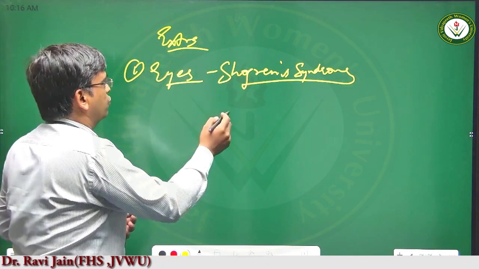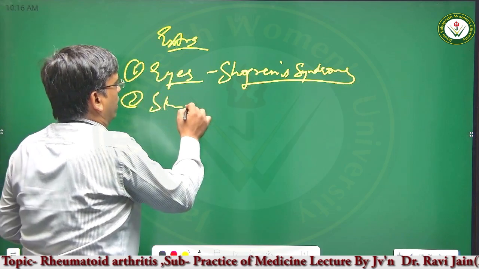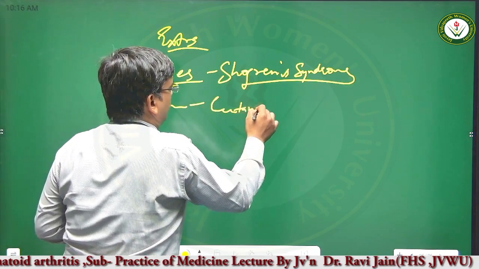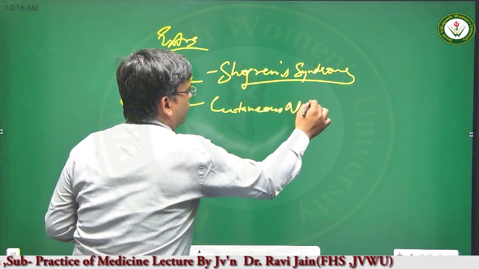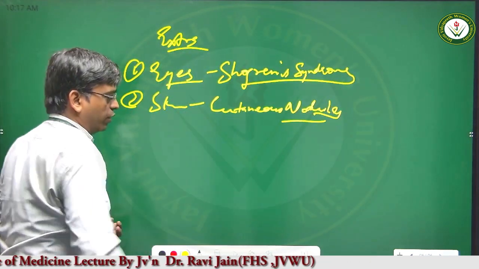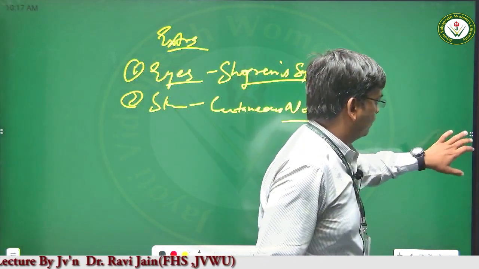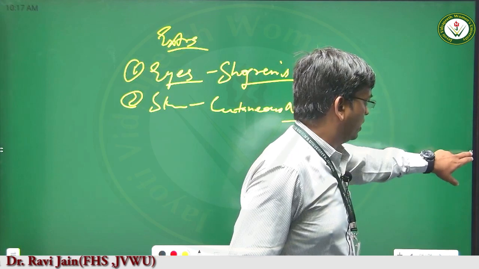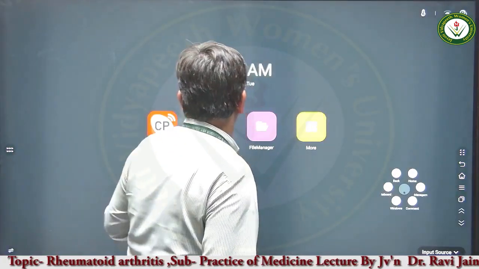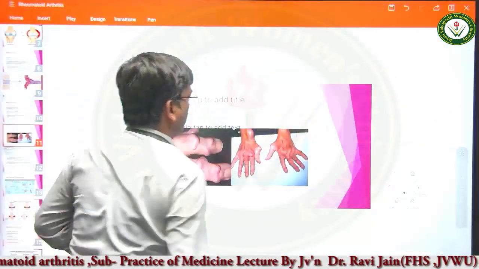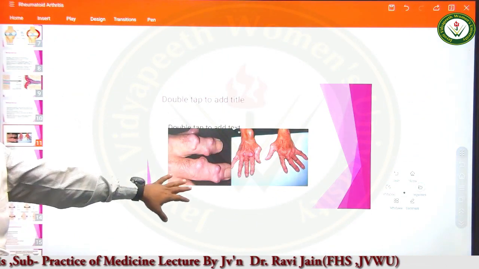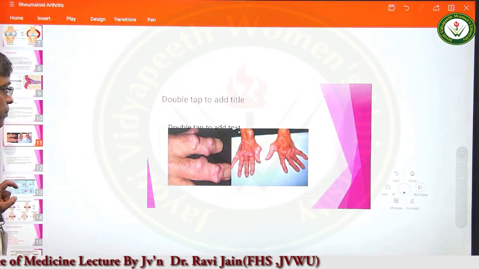Therefore, in the eyes we have Sjogren's syndrome. In the skin we have cutaneous nodules. These nodules are the key feature of rheumatoid arthritis that we have seen. I have just shown you the cutaneous nodules. These are the nodules that are usually present in the skin of the patient.